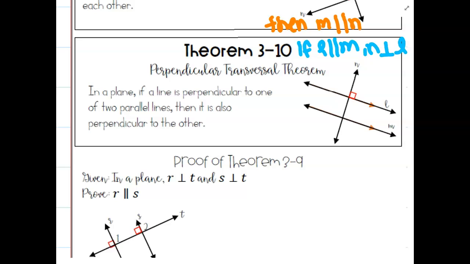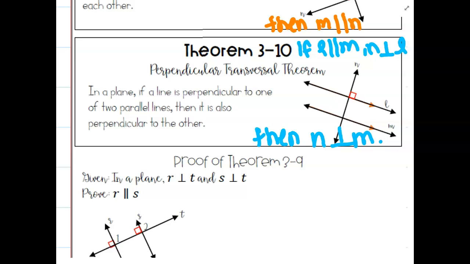This line is perpendicular to that one. Well, the thing is, if these are parallel, if it's perpendicular to one of them, N would have to be perpendicular to M as well. If it's perpendicular to one, it would have to be perpendicular to the other.